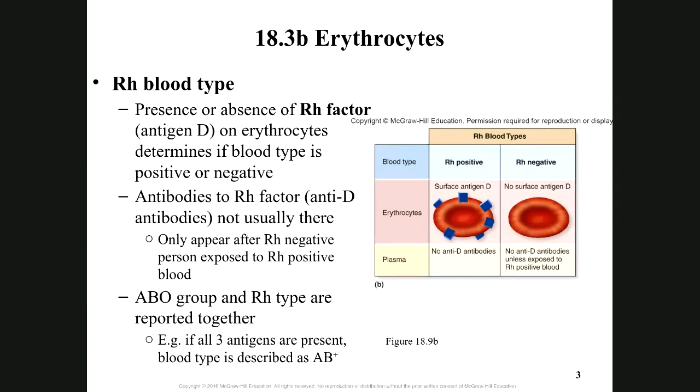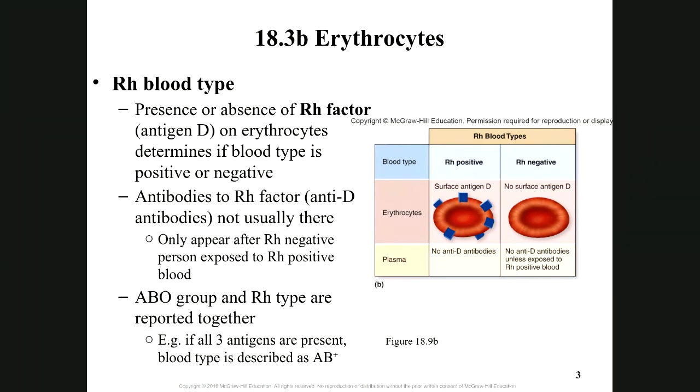With the plasma, it does not have any anti-D antibodies. If RH negative, there is no surface antigen D. There are no D antigens on the surface of the red blood cell. And there are also no anti-D antibodies until that blood is exposed to RH positive blood. And then it builds antibodies against that blood cell.